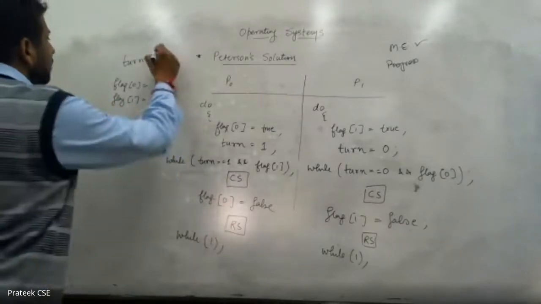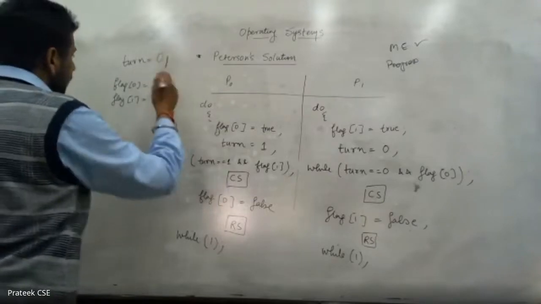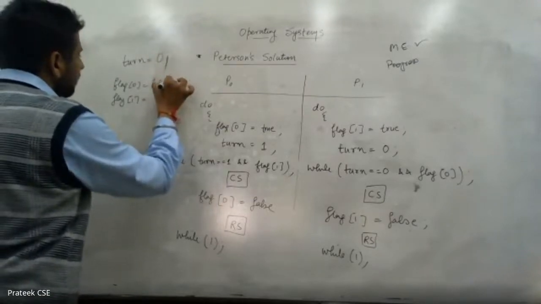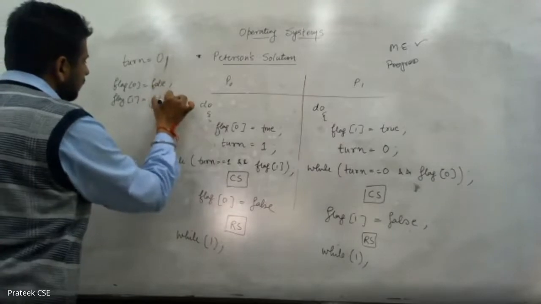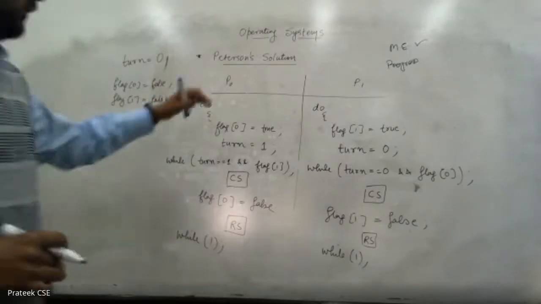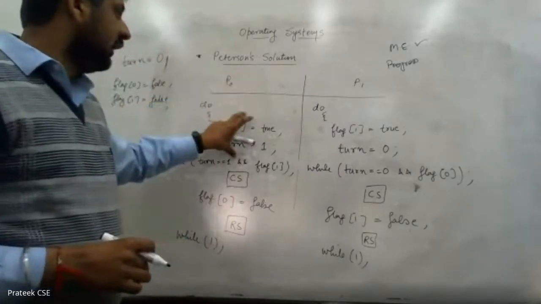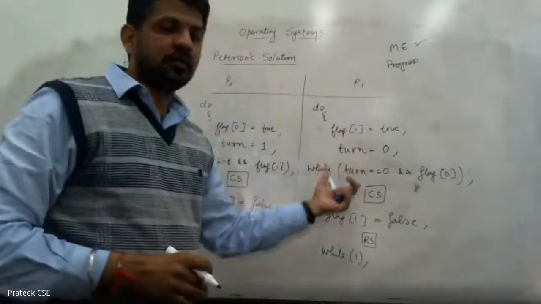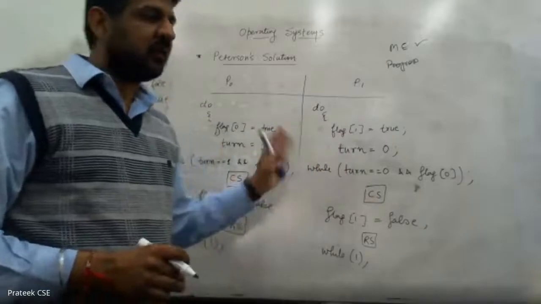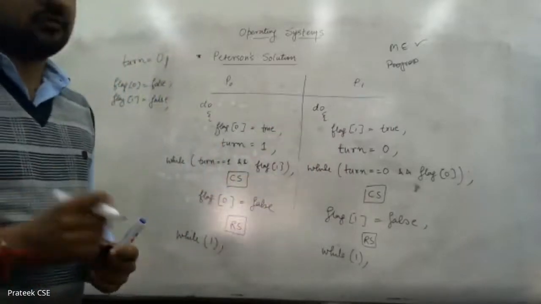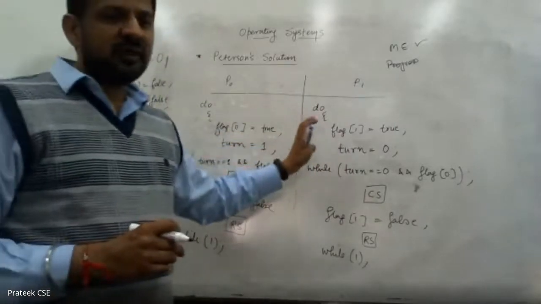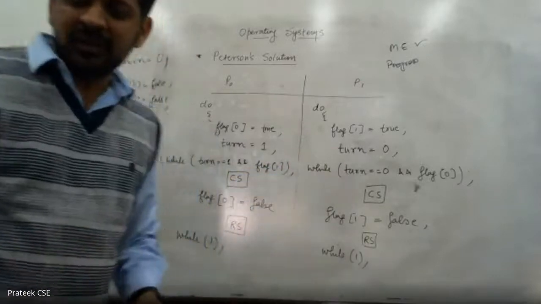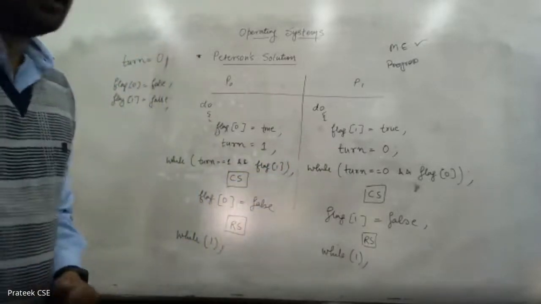So turn is initially 0 and both the flags are false. ओके, सो मैं यहाँ पे बात करूँगा P0 ने एंटर करना चाहा और उसके बाद P1 भी साथ के साथ अगर दोनों ही इंटरेस्टेड हो जाते हैं, जो हमने लास्ट केस डिस्कस किया था, दोनों अपने फ्लैग को सेट कर देते हैं ट्रू पे, तो उस केस में कि यहाँ पे डेडलॉक की प्रॉब्लम आएगी या फिर ये वाली प्रॉब्लम को हम यहाँ पे सॉल्व कर पाएंगे.